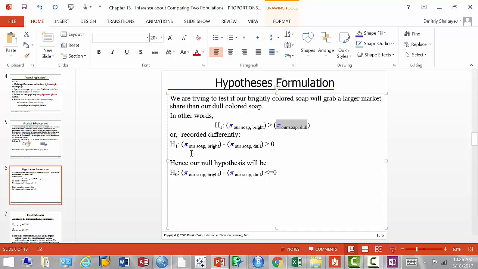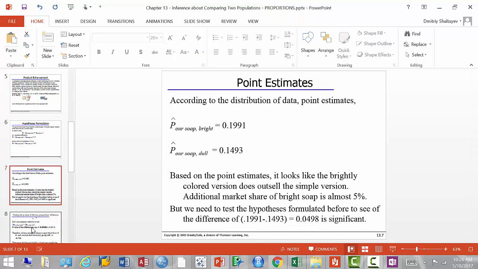That would mean that my bright colored soap grabbed higher market share, okay? And if I reverse that statement, that's going to become my null hypothesis, that the difference between sales is not greater than 0. It's the same or less than.